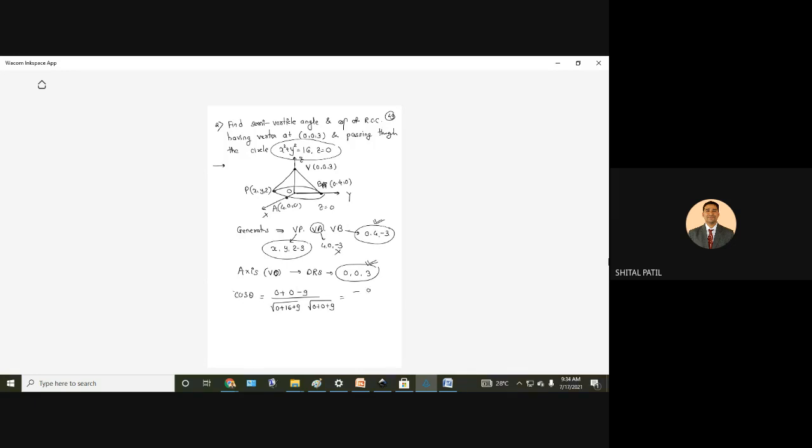So -9 divided by 5 into 3. So cos theta equal to -3 divided by 5. This is the semi-vertical angle. And then you can find the equation. I don't think that is a difficult part for you now. This is all about the cone.